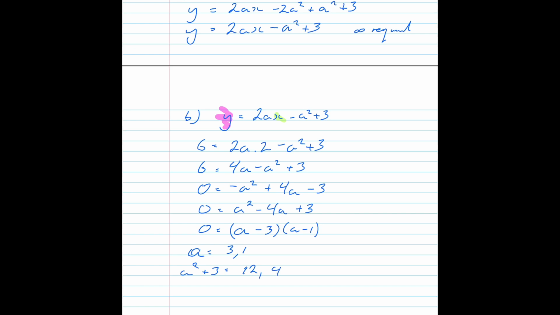So our two points are (1, 4) and (3, 12). Those are the two points on the curve where the tangent line at those points goes through (2, 6).